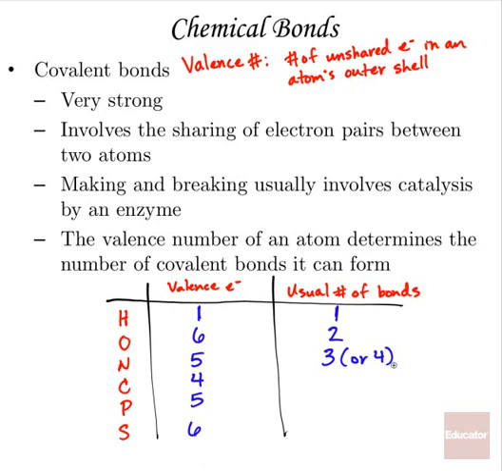Carbon, to get its full octet, wants another 4 electrons, so 4 bonds. Phosphorus actually is kind of a little different in the fact that it will more likely give up its 5 than take on 3, so it'll have 5 bonds. And sulfur is a little bit weird in the fact that it's a little more variety. It will make a possible 2, 4, or 6 bonds.